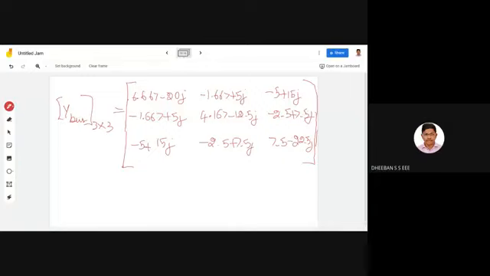It is only possible if you are practicing the problems related to this Y bus matrix. For more problems, you can refer to the notes that I have posted in Google Classroom. There are numerous examples with respect to the formation of your Y bus and Z bus matrix.